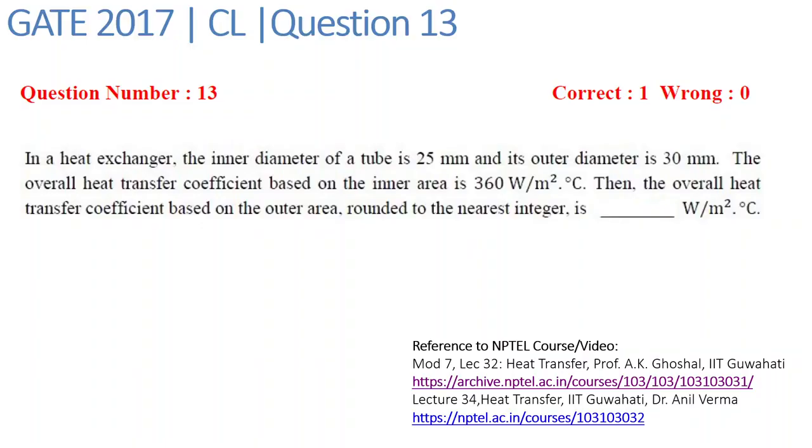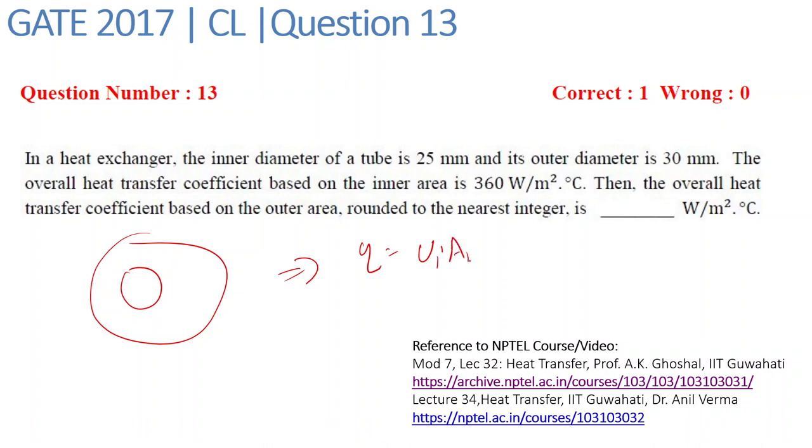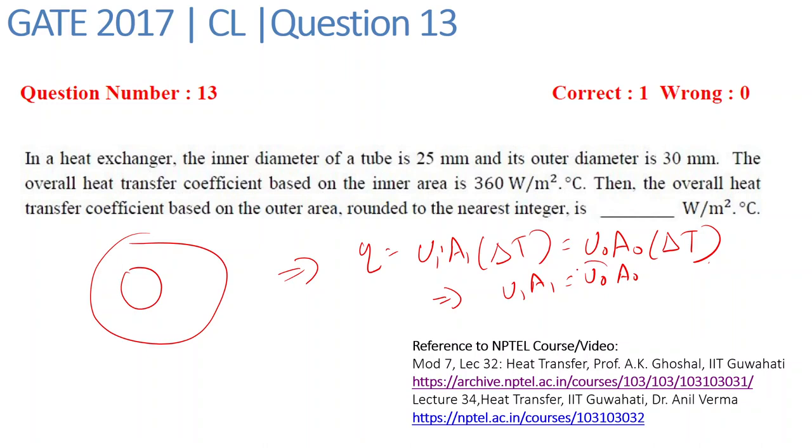So this was our first question that we discussed today, in which we were given this heat exchanger, and we had to use this basic heat balance equation, that is UI AI into delta T is equal to U naught A naught into delta T. That would basically give us UI AI is equal to U naught A naught, and based on the given information we were asked to find the overall heat transfer coefficient based on the outer area.